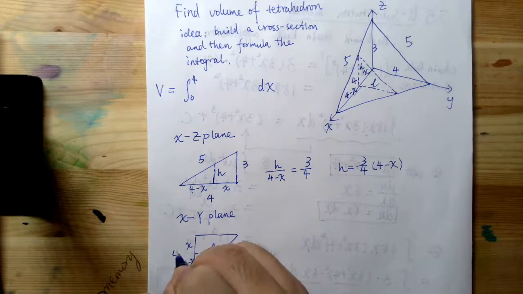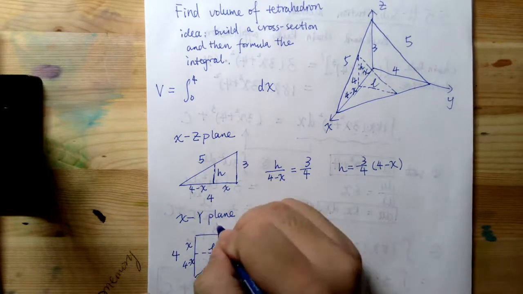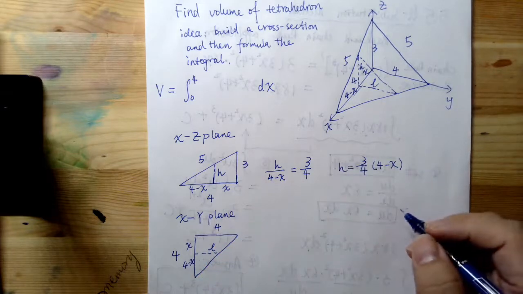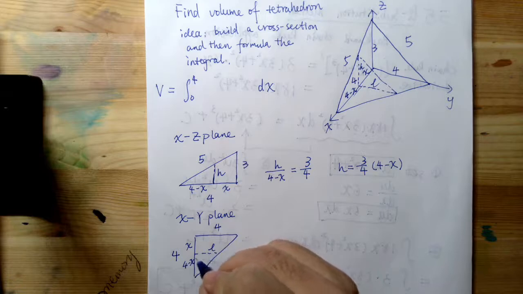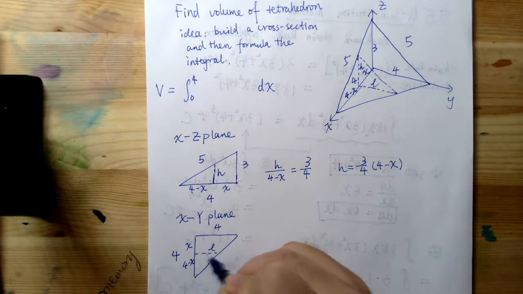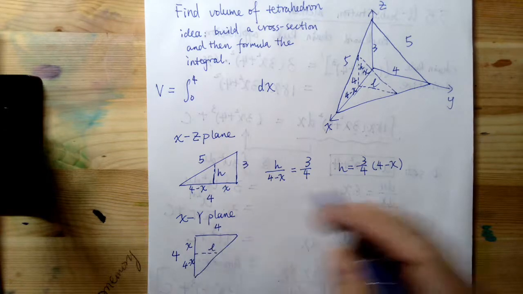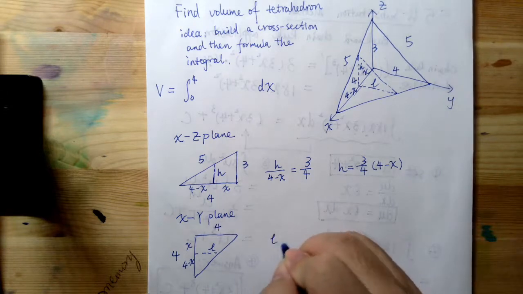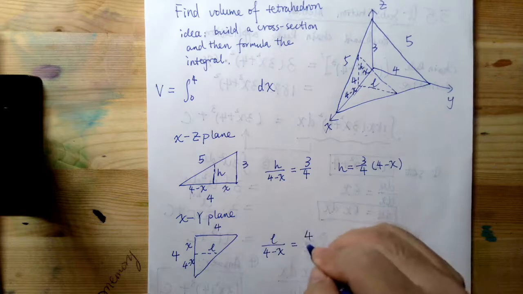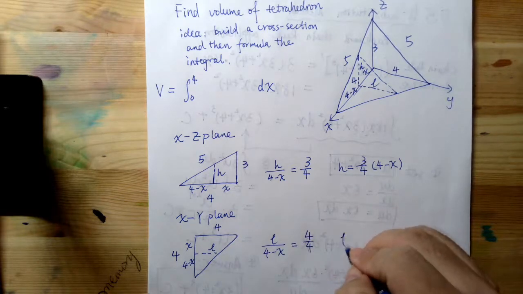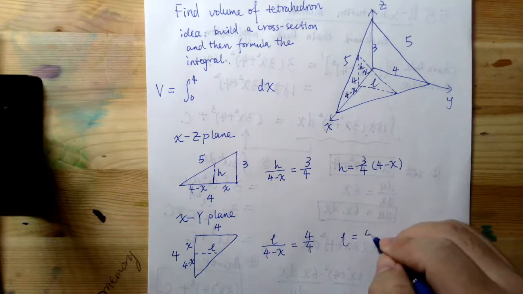So the overlap for this is 4, this is also 4. So this one is easy, because you can see similar things. This small triangle is similar to this larger triangle. So L over 4 minus x equals 4 over 4. Turns out L equals 4 minus x.